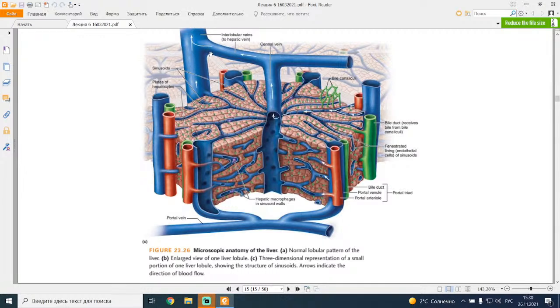The hepatic vein opens into the vena cava inferior. You see hepatocytes. These are blood vessels and a bile duct, in green color.